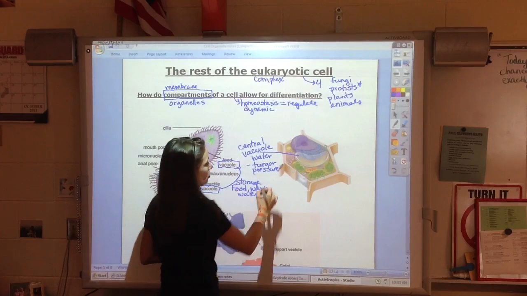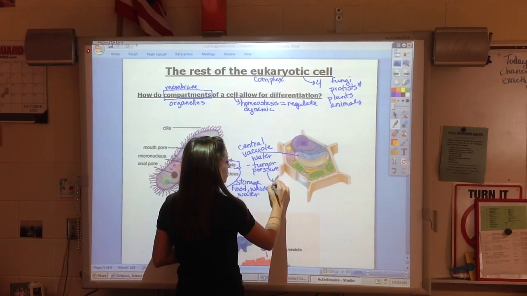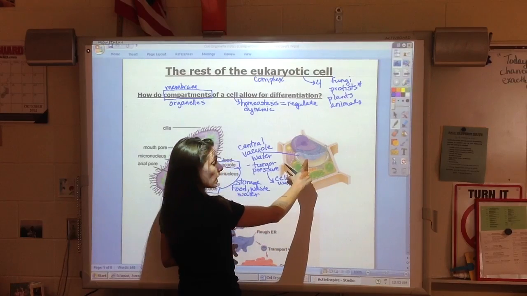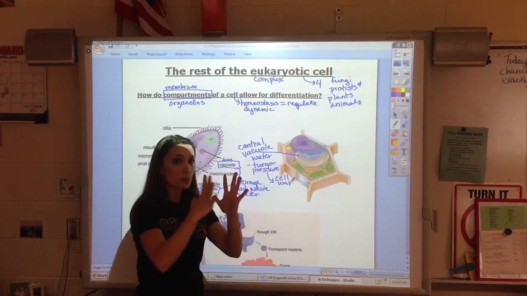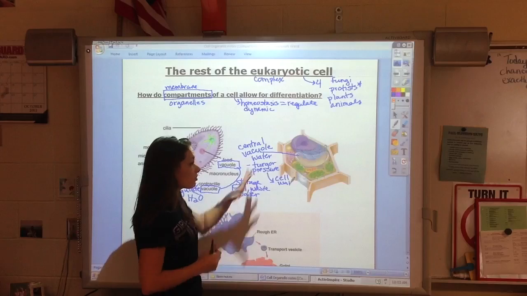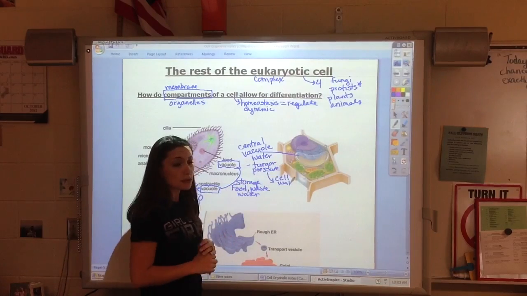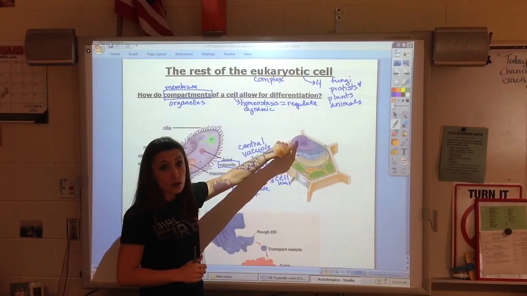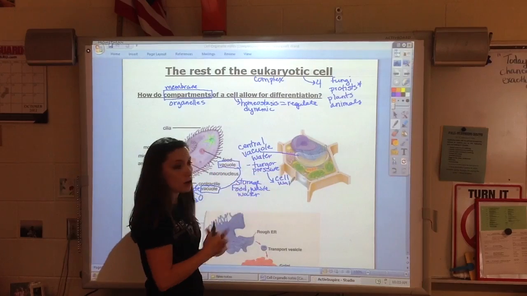That's what creates turgor pressure. So together with the cell wall, the central vacuole and the cell wall are going to push against each other to create that pressure. And so the central vacuole in plants is usually sometimes even larger than the nucleus because it's containing all of this water.